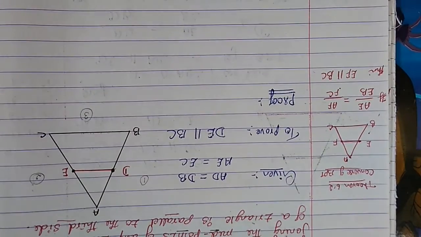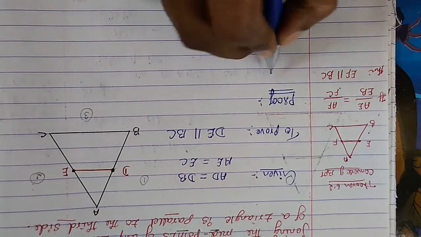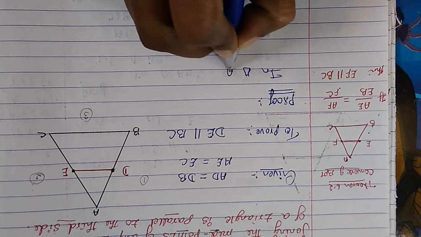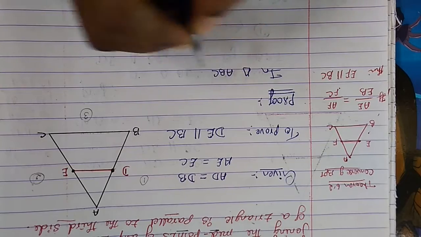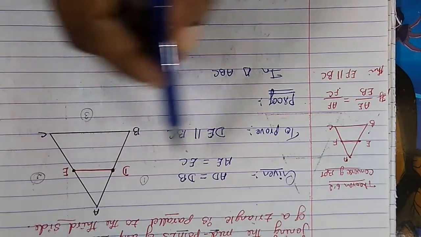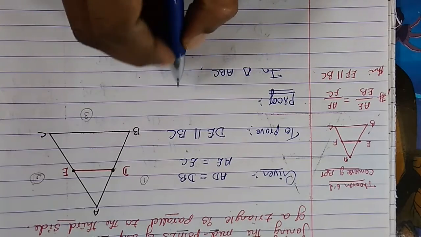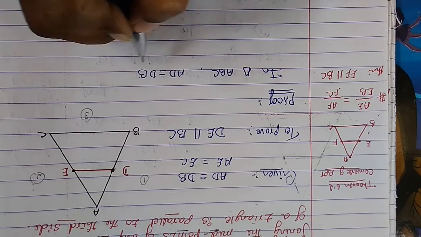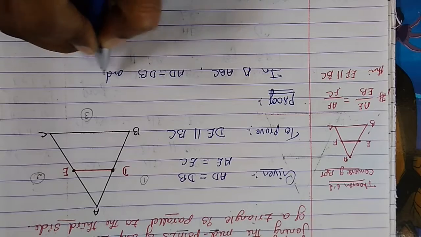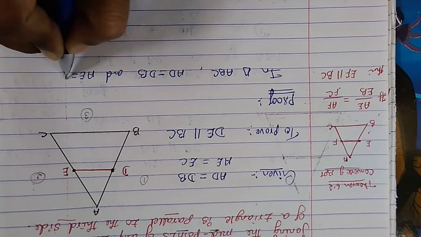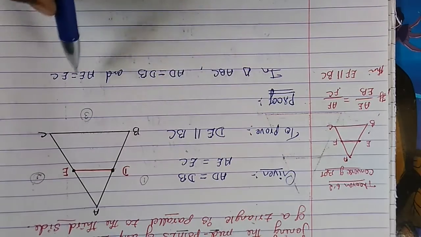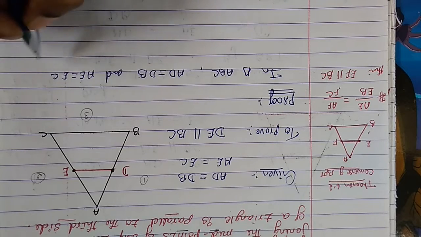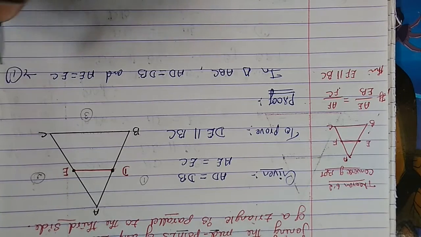Now in triangle ABC, what is given to us? AD is equal to DB and AE is equal to EC. Let's consider this as equation 1.